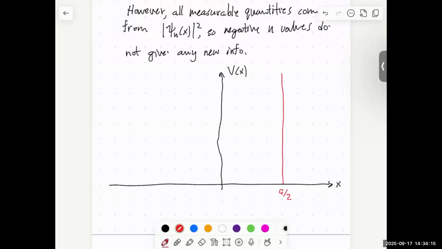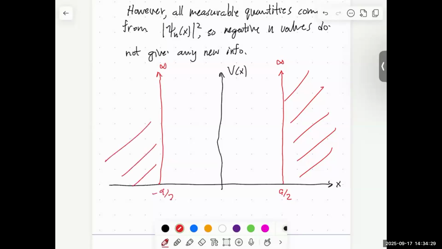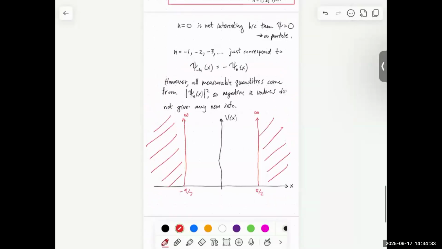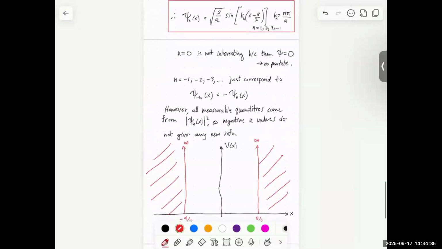Here's a by 2, and this goes to infinity. That's all infinite. And right around here is minus a by 2. This is infinite. Okay, so let's see, where's our wave function? There it is. So we could draw some of these states.